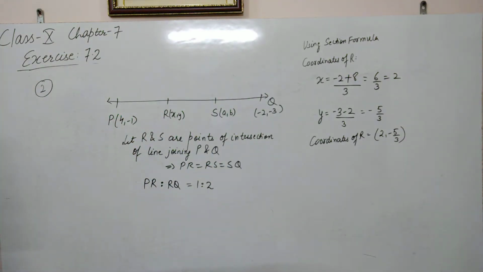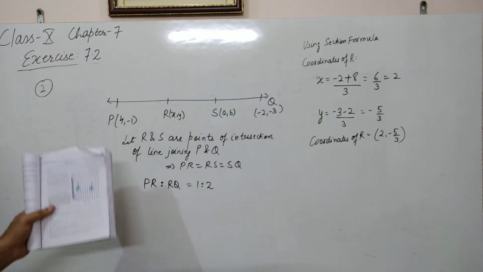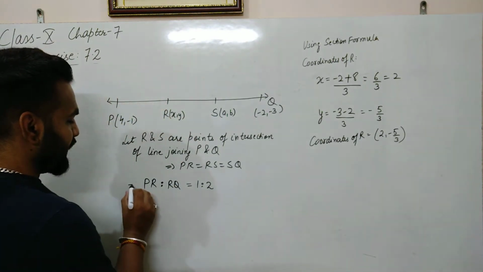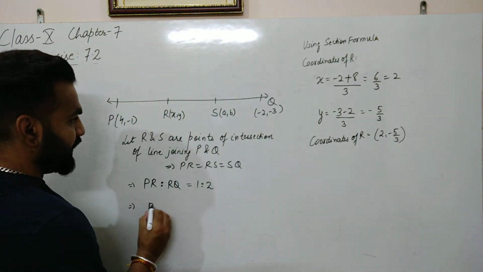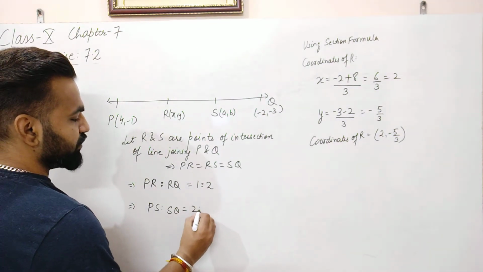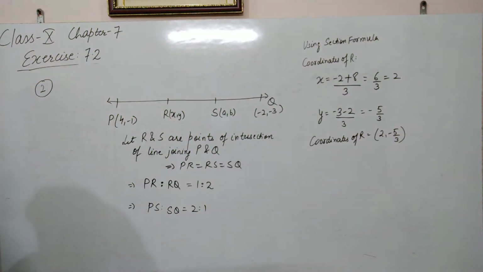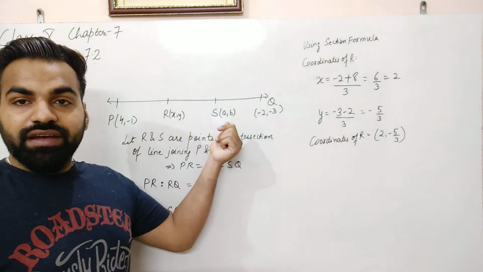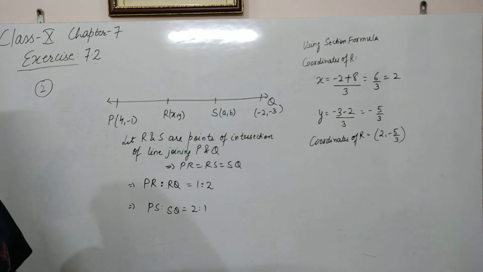Here, similarly, we will find the coordinates of point S. So for S, we can write here PS ratio SQ is 2:1. So to find the coordinates of S, the ratio will be 2:1.